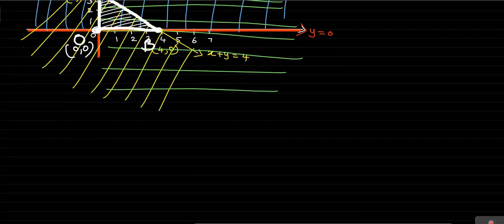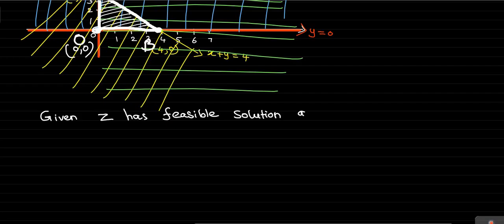Now what we can say: the given Z has a feasible solution. Feasible solution means what? A common solution exists, and it is bounded as well.